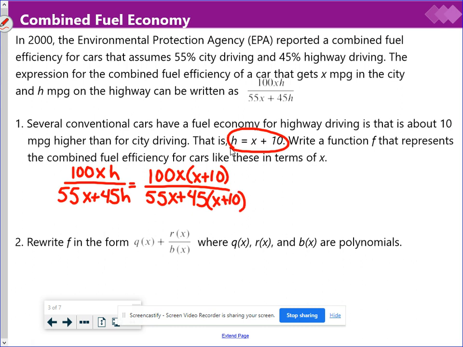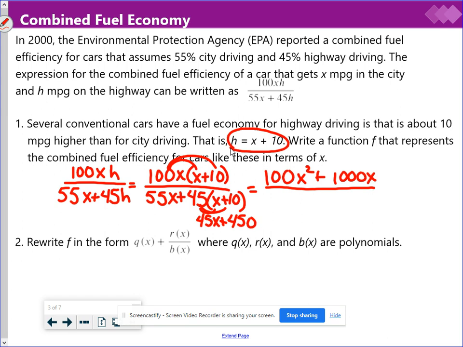And then we're just going to clean this up a little bit, right? We can distribute in the numerator. 100x times x would be 100x squared. And 100x times 10 would be 1,000x. And in the denominator, if I distribute that 45, I would have 45x plus 450.